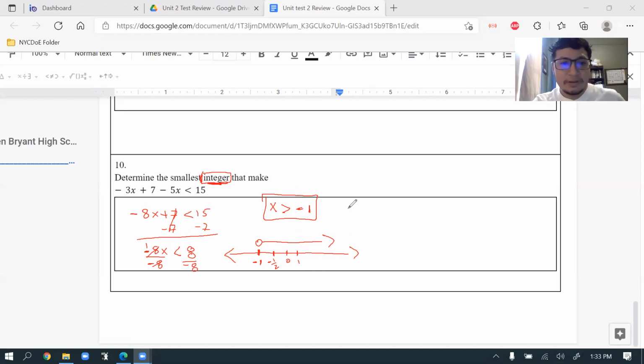So I'll just write that down here: smallest integer is 0.